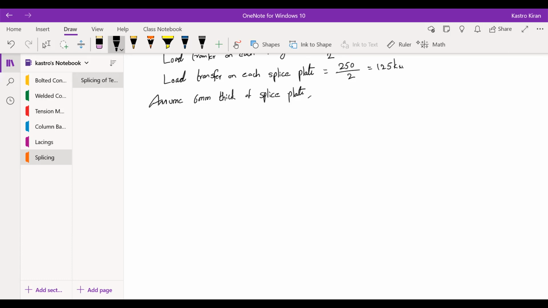And the load transmitted to one splice plate due to bending moment.